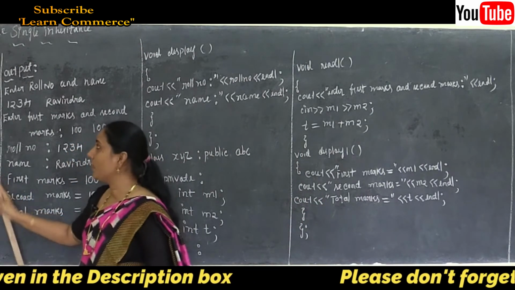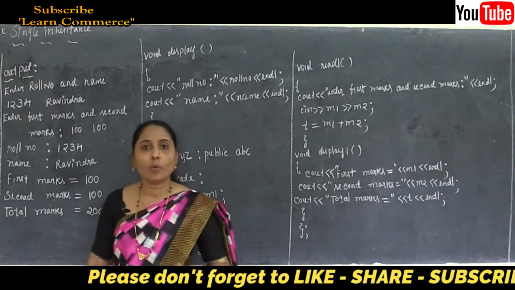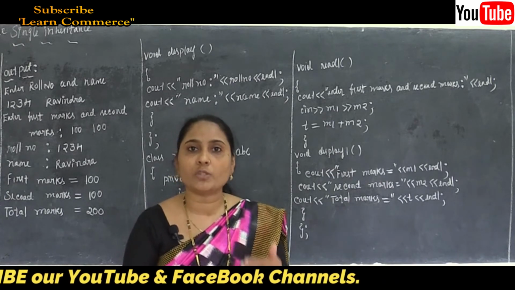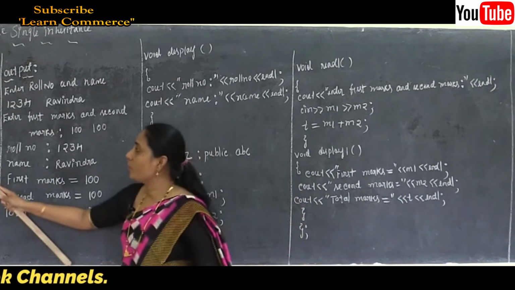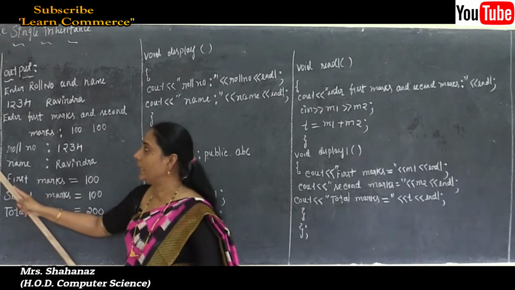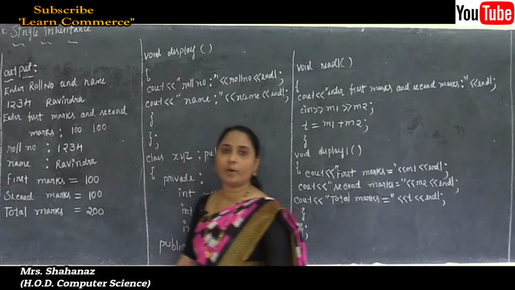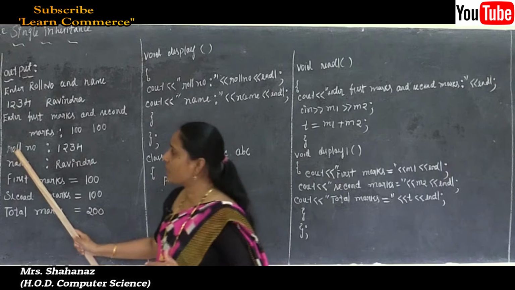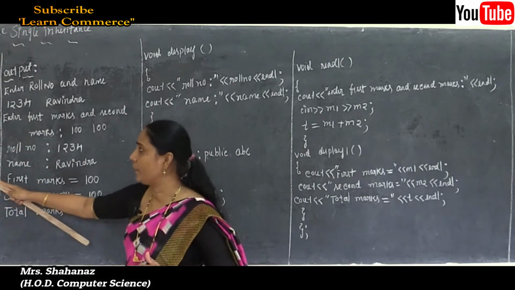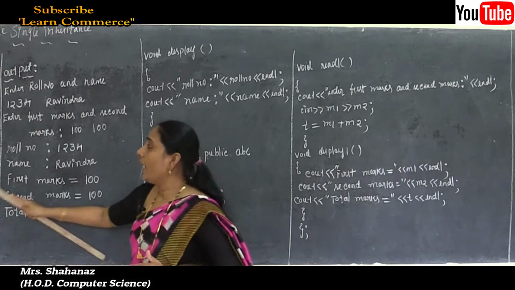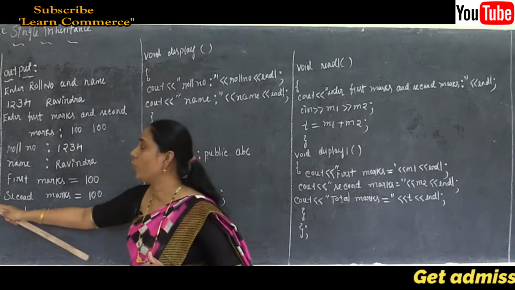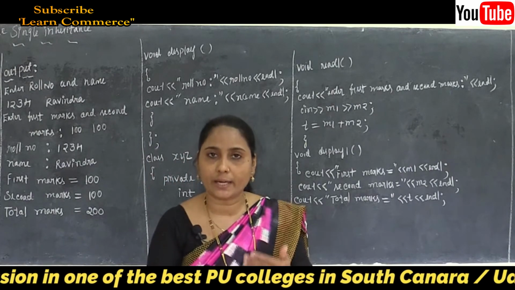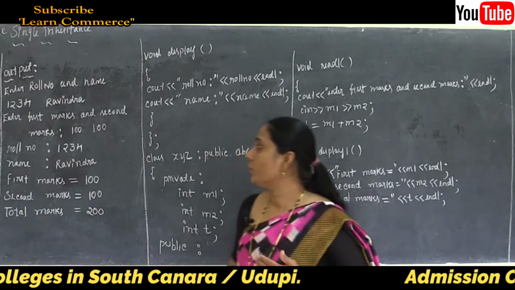Now by using the object, the member functions are accessed, and the information is displayed on the monitor. First it accesses ob.read, then the second member function, read1, and third ob.display and ob.display1. You have to write it properly, the way you want to access them.